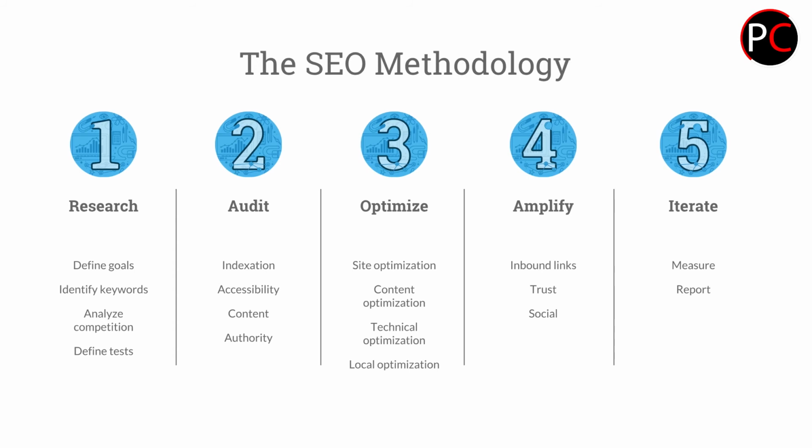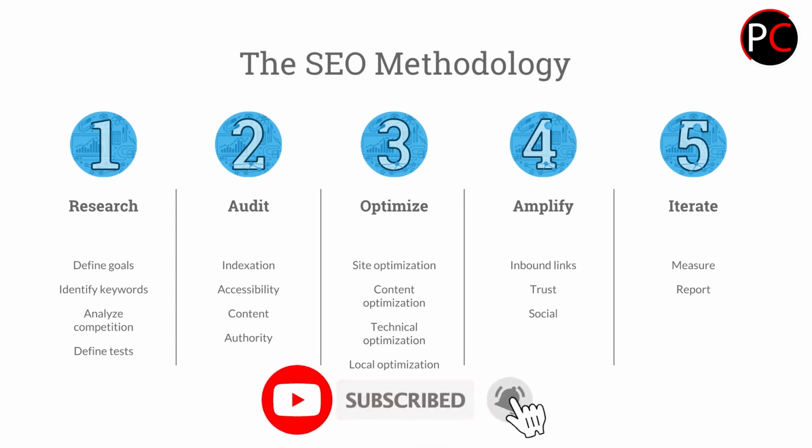Oftentimes, these two steps could be conflated and done at the same time, but nonetheless, there's a first step and a second step. Once you have done your keyword research and you've audited your site for the different types of issues it might have, then you want to move into your optimization. Now, oftentimes people doing search engine optimization will start at step 3.